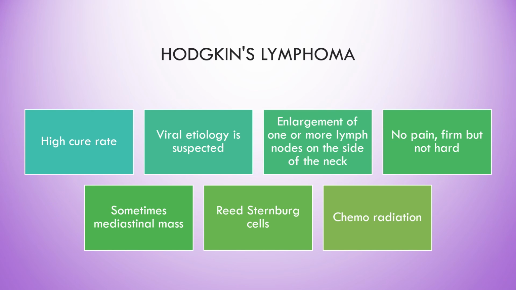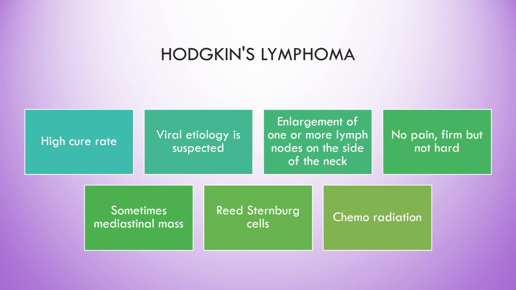Another cancer is Hodgkin's lymphoma. This is a cancer of the lymph system. However, it has a high cure rate. It has a viral etiology, so it is suspected that the patient would have a virus and then go on to develop this. There'll be an enlargement of one or more lymph nodes, usually on the side of the neck.